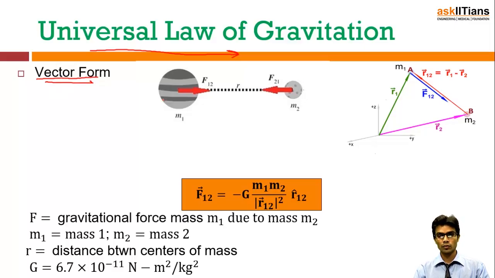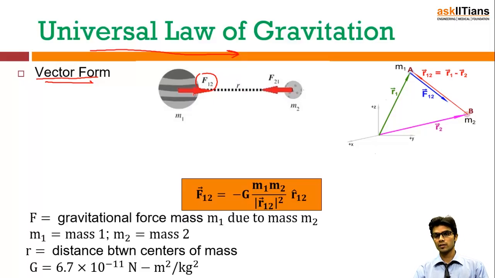Here m1 is mass 1 and m2 is mass 2. F12 can be read as the force on mass 1 due to mass 2, and F21 is the force on mass 2 due to mass 1, and r is the distance between them.